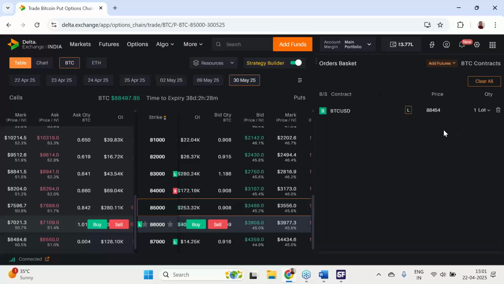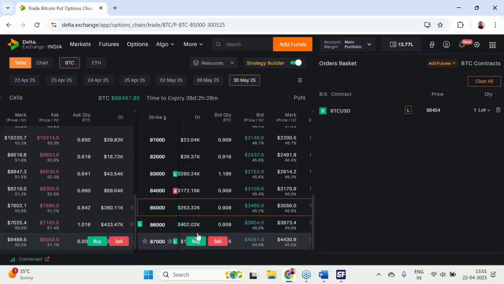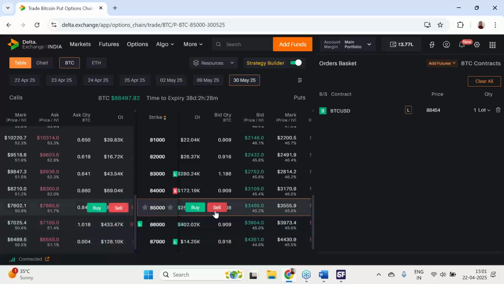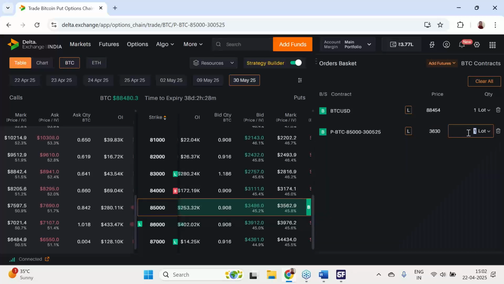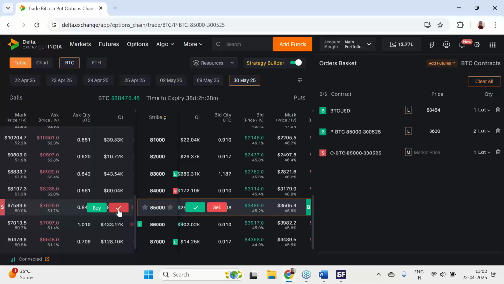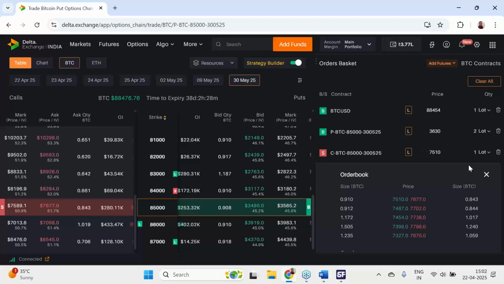After buying this future, I am going to buy put options, 2 lots, as I have told you, because my objective is that with the same $3,600 I should be in a position to buy 2 lots. My risk will be the same. So I will be selling one 85,000 call option here, which is deep in the money currently with respect to the future. Have a look here.